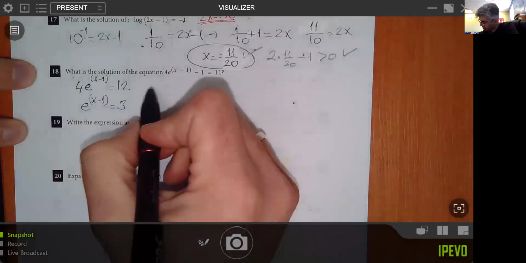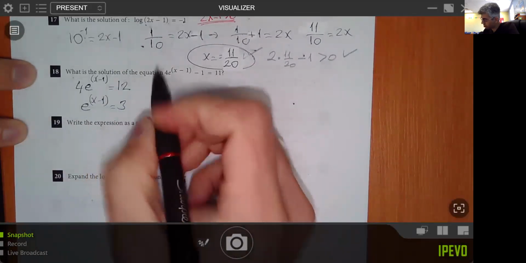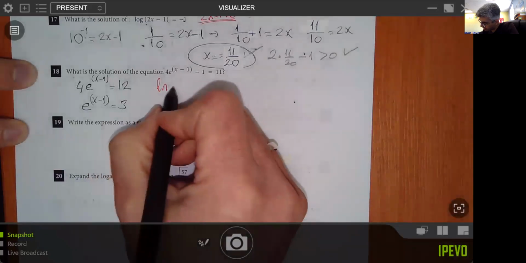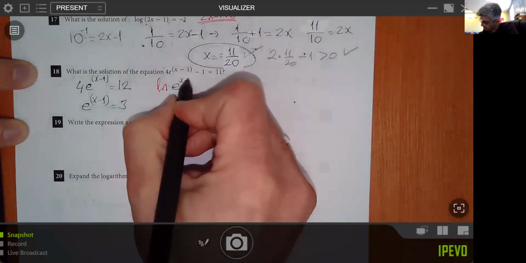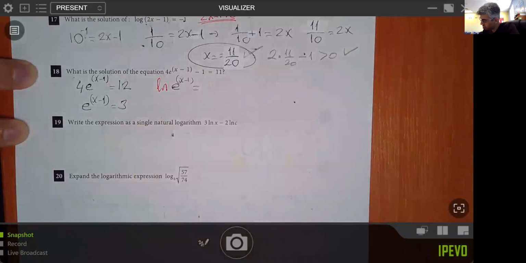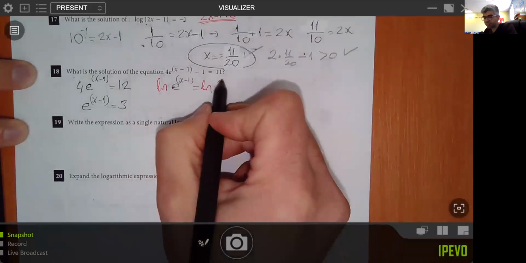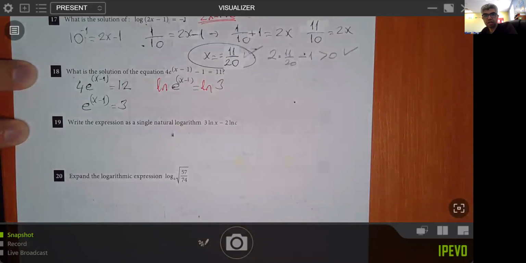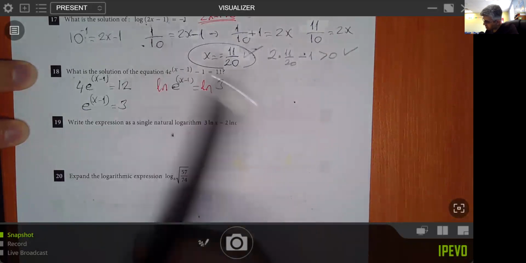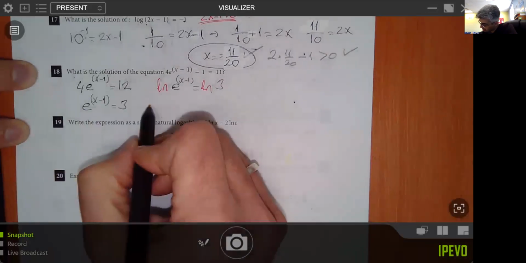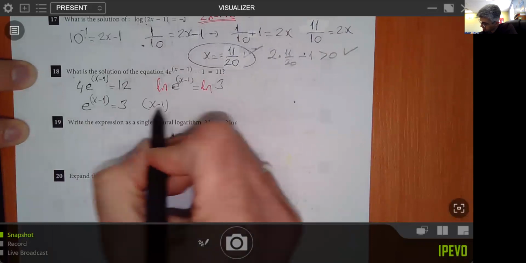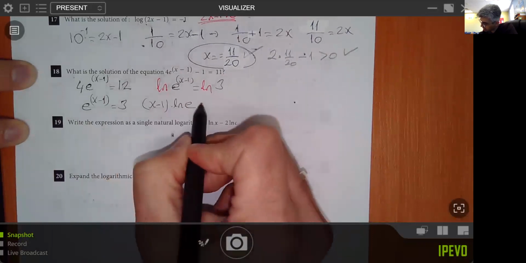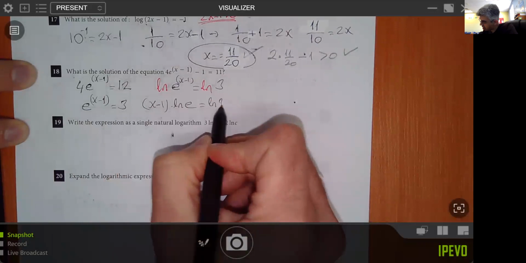We have now ln of e to the power of x minus 1 equals ln of 3. I take the natural logarithm of both sides. And then that x minus 1 we write as the coefficient of the ln function. So we have ln 3.